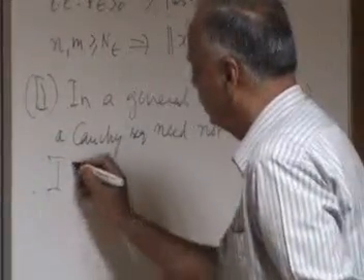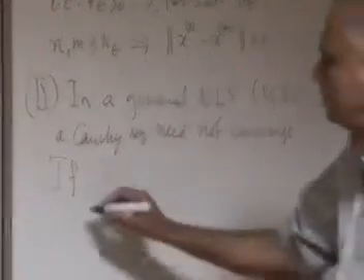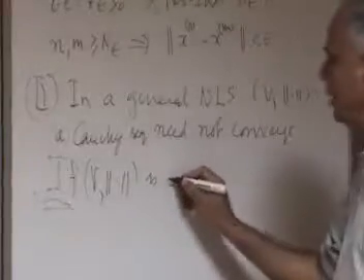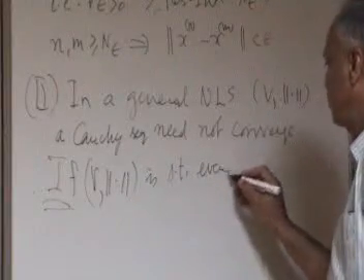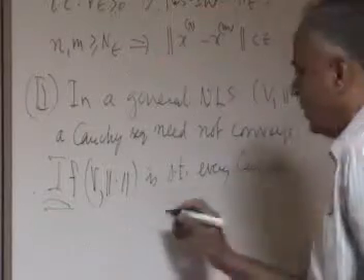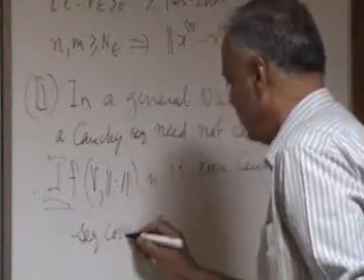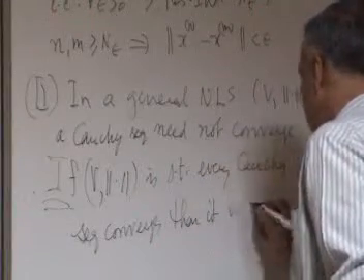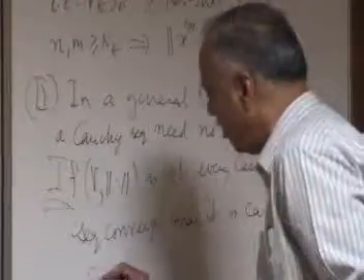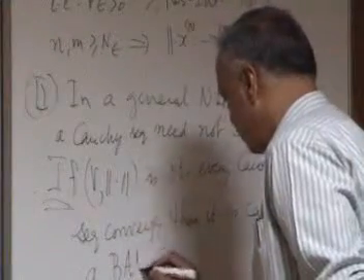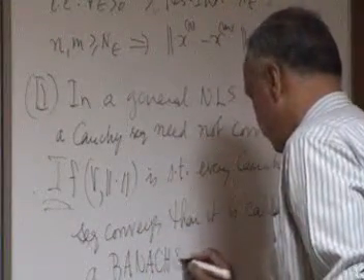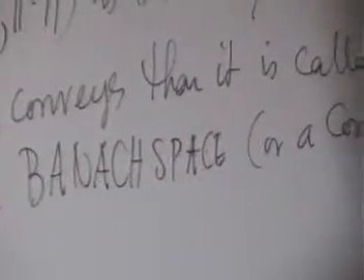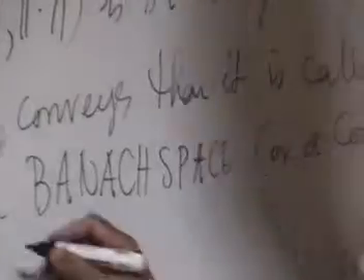If the normed linear space is such that every Cauchy sequence converges, then it is called a Banach space, or a complete normed linear space.